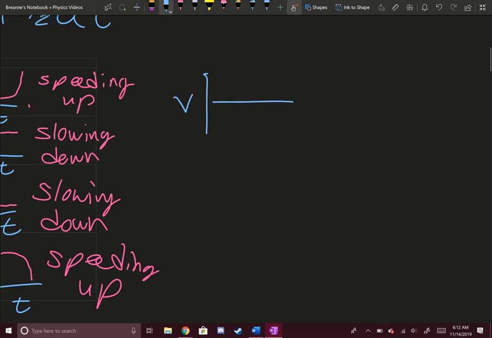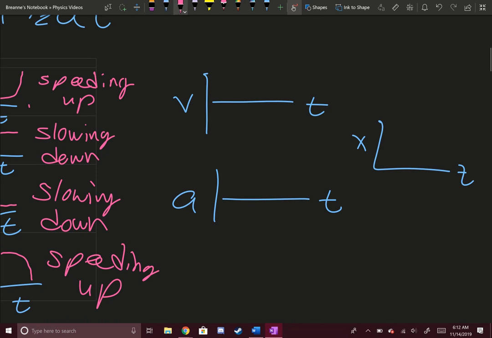This is a velocity versus time graph, an acceleration versus time graph, and a position versus time graph. So if you think of constant speed, the thing that should pop in your head is zero acceleration.